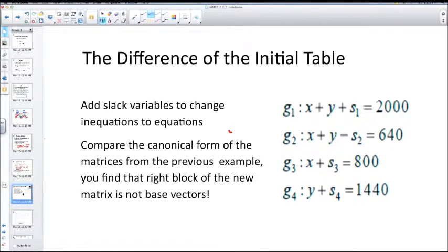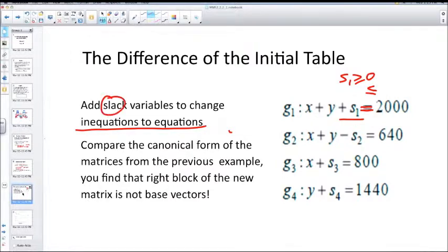Let's try to add the slack variables to change the inequalities into equations as we did before. The first one is easy. You add an S1, which is positive, as a slack variable, and then you can make the upper limit a tight limit. And that is called the slack.